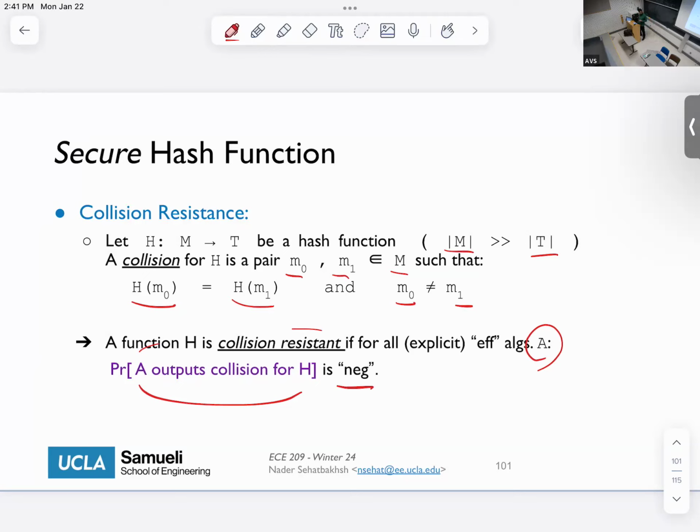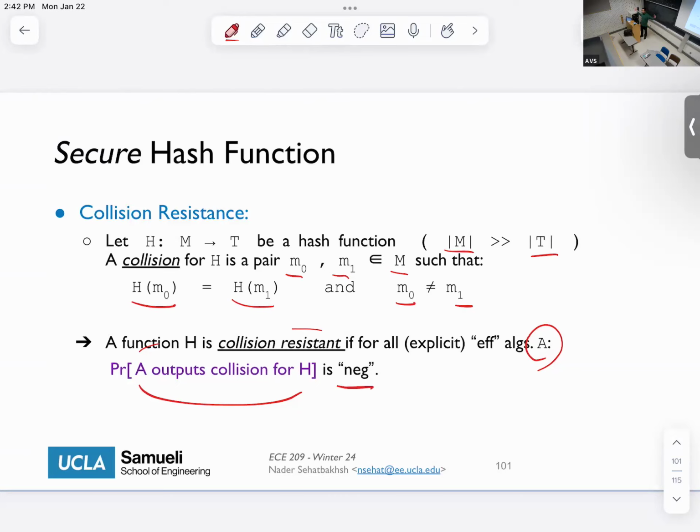Not all hash functions are secure, but if I can find a hash function that looks very similar to a random function, to a random mapping, then it would be very hard for the adversary to find two messages that produce the exact same result, because essentially all the mappings are random, or at least random looking. So the adversary has no idea other than brute forcing.